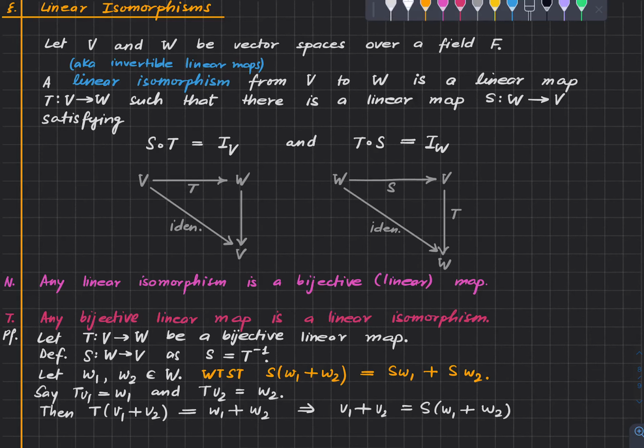Why is that? Because if T of something is something else, then S of something else is the something. That's what it means for S to be T inverse. And just simply because T(V1) is W1, we have S(W1) is V1, and similarly, V2 is S(W2). So we do have the equation we wanted to show.